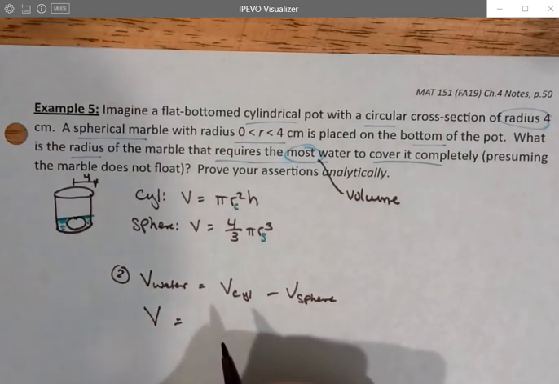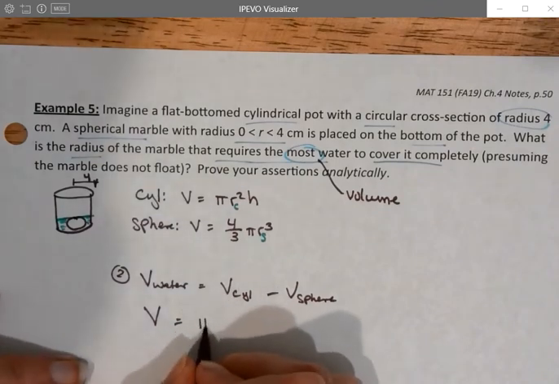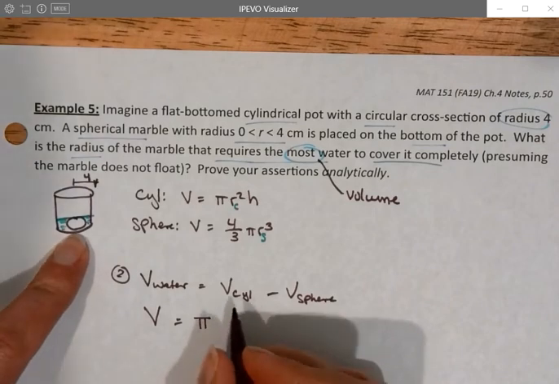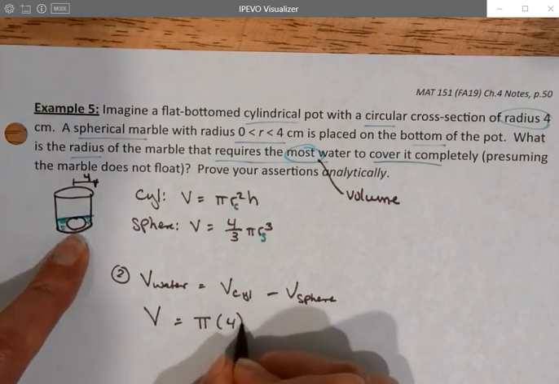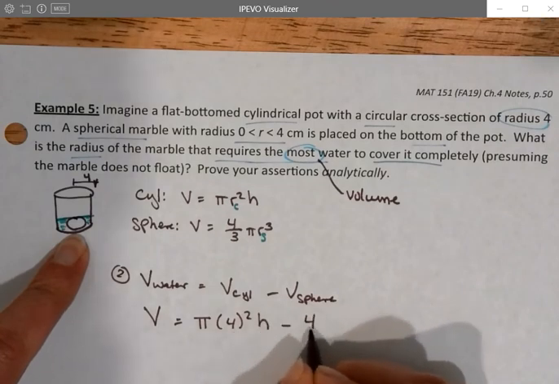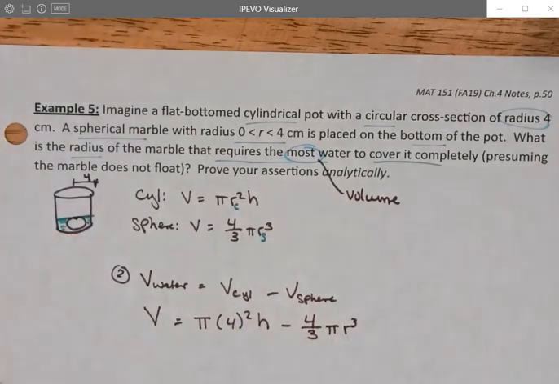So the volume of the cylinder is going to be pi times, I do know the radius of the cylinder, and that is fixed, so we can do pi times 4 squared times h minus the volume of the sphere, which is going to be 4/3 pi times r cubed. That way I won't need subscripts if I go ahead and put my r c in there right away.